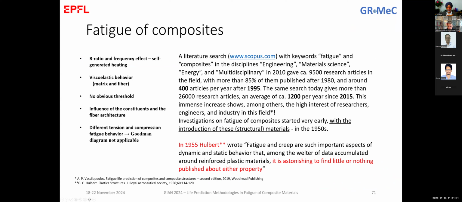Starting from this publication from Hulbert in 1955, where he wrote that fatigue and creep are such important aspects of dynamic and static behavior that among the wealth of data accumulated around reinforced plastic materials, it is astonishing to find little or nothing published about their property.